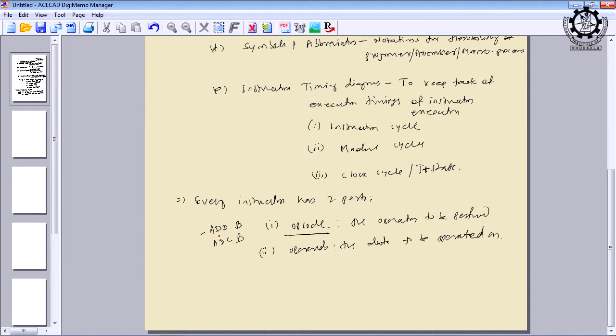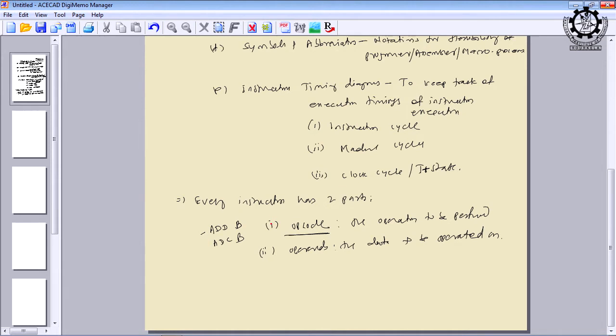I think you understood the meaning of opcode. And what are the operands here? The operands are A and B, where A is implicit and B is explicit. Explicitly, you have to specify in the instruction the kind of operands we are using, right. So, this is how every instruction in every microprocessor is split into 2 parts, opcode and operands.